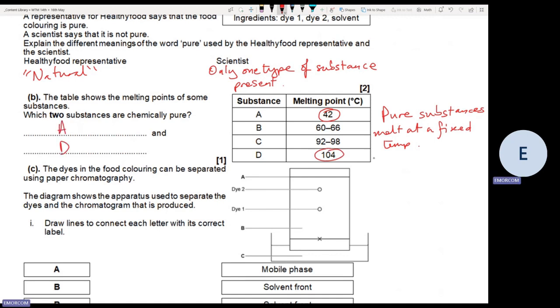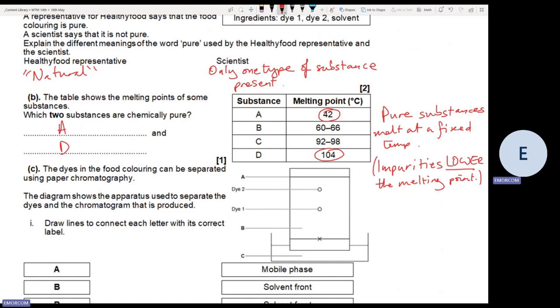The other thing we know is that impurities lower the melting point. Now, we didn't have enough information here to be able to tell on the basis of what the actual values are.